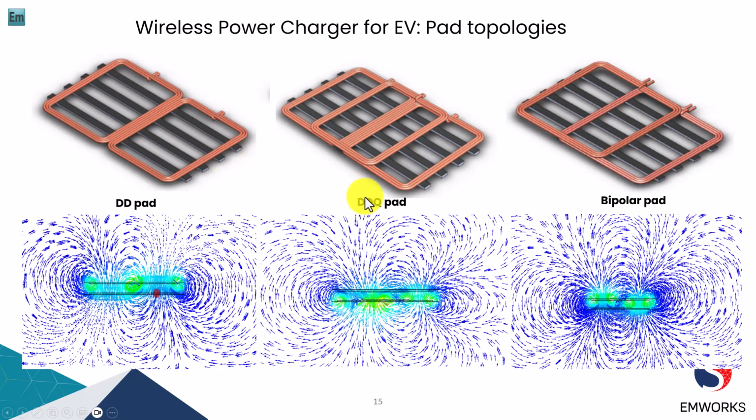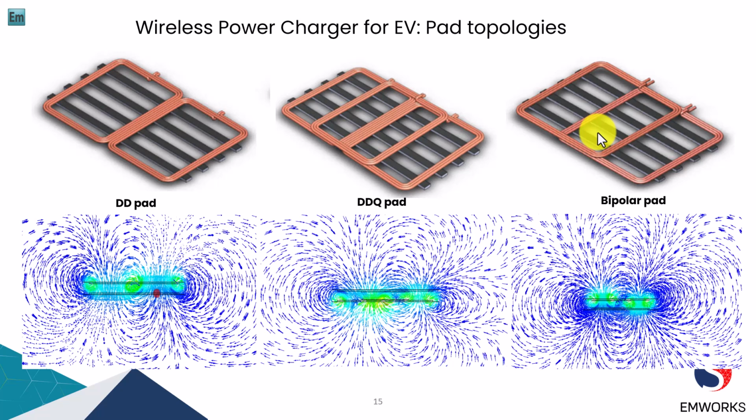Whereas DDQ pad is similar to DD pad but with a phase difference between the coils. This leads to a more uniform magnetic field and further improves charging efficiency. And then finally, bipolar pad has two coils, each with a separate magnetic pole, which increases the magnetic field strength and improves charging efficiency.